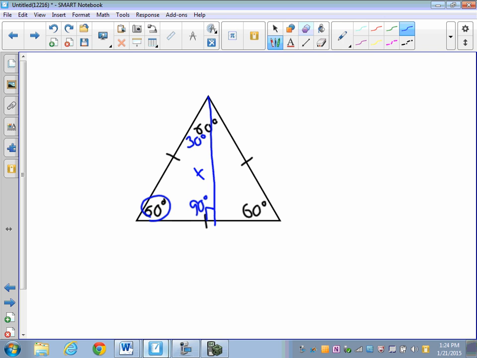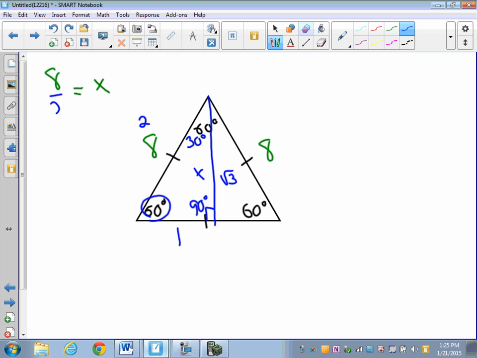So if I would make up some number for this, let's say each side of the triangle was 8. Well, now I would know that would be 8. And all I would do is I would have 8 and x. And remember, I have those sides. The short leg was 1, long leg was square root of 3, and the hypotenuse was 2.